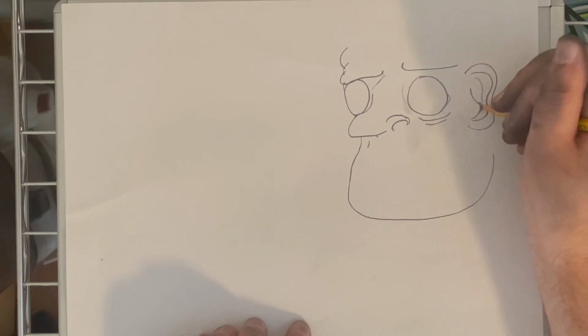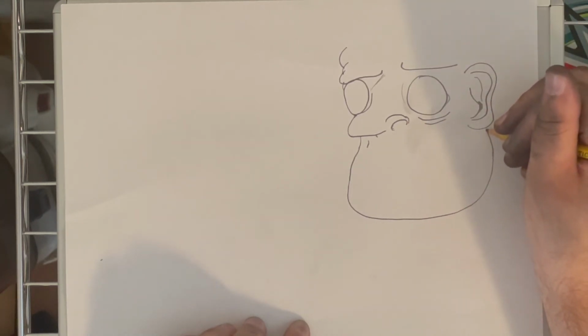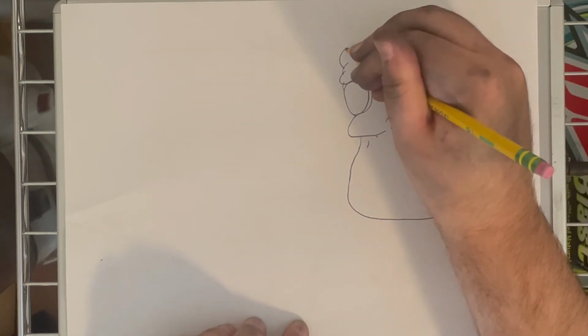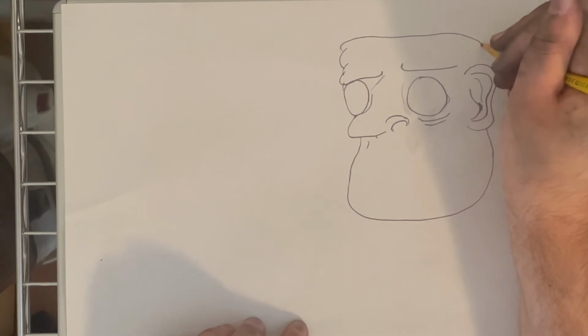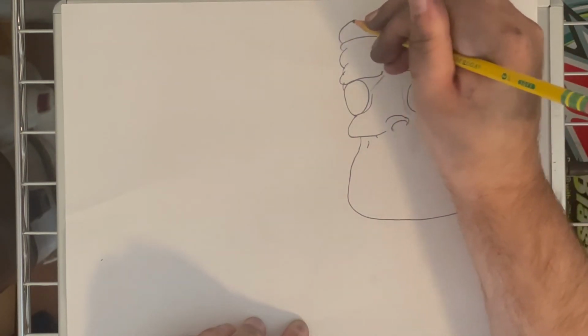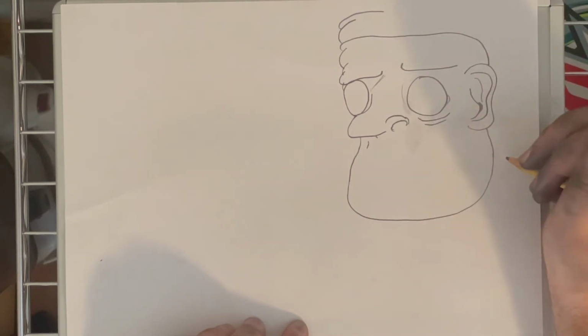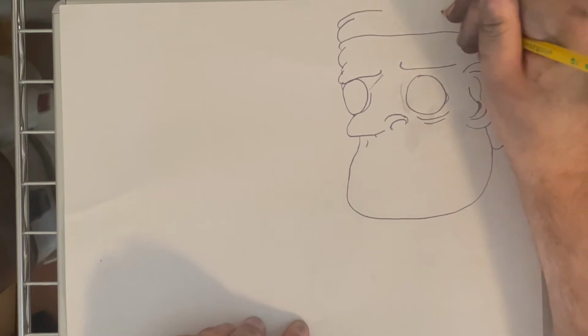And then these little crevices of their ear. And then that's the top of the forehead, a little spot for the hair to be above that. Yeah, they got layers in their hair.